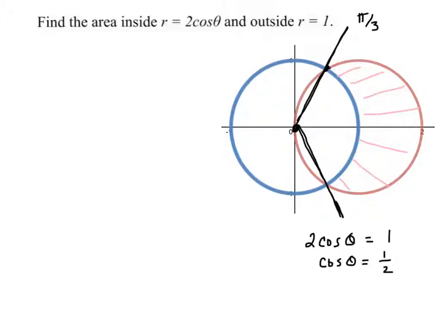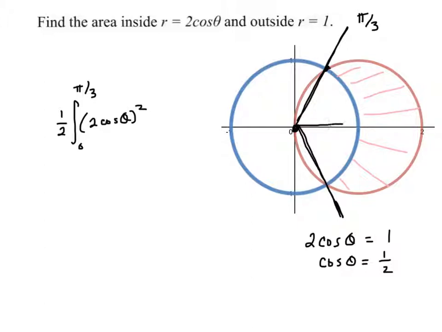Now, I like to think of this like a windshield wiper, like it's just sweeping through the area as we move. So, here's 0, and as we sweep through to pi over 3, what do we get? I'm going to start with that big outside function, and say, all right, if I integrated that red circle, 1/2 r squared, from 0 to pi over 3, what would I get?